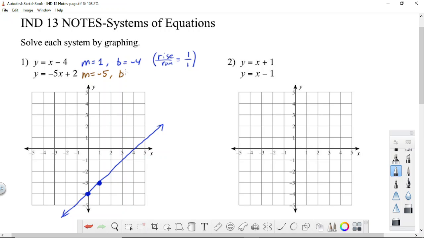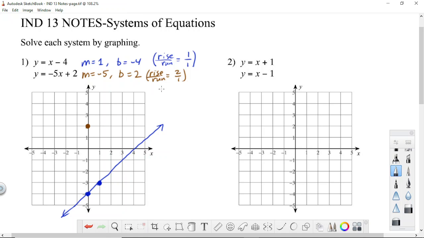The y-intercept is +2. So the rise over the run for this one is 2 over 1. So slope y-intercept of 2 gives us 1 point.